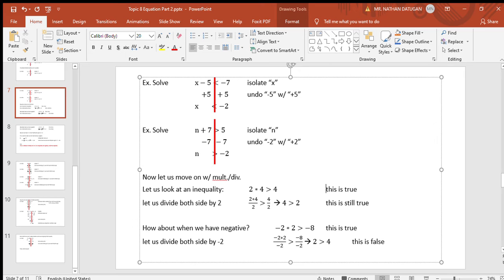So what if we divide both sides by 2? The 2 cancels out, and you're left with 4, and 4 over 2 is 2. And 4 is still greater than 2. So if you divide an inequality, it's still going to be true.